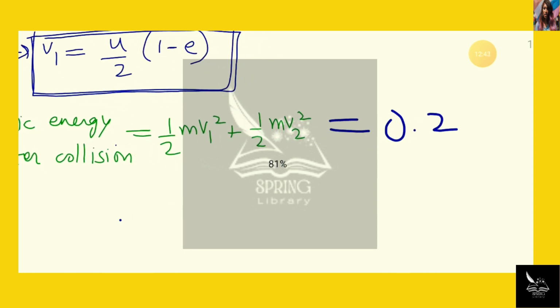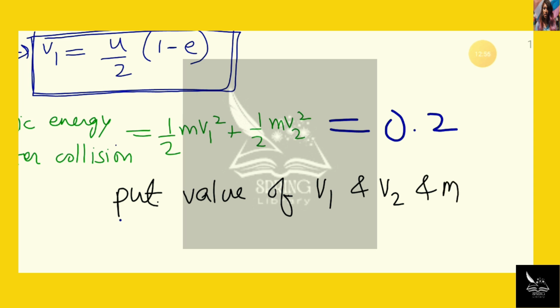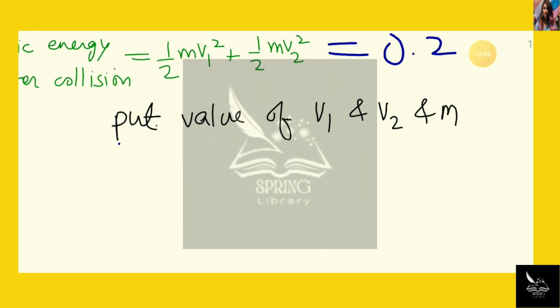Now next step is to put the values of v1, v2 and m, which is given in the question, and after putting these values I will get the equation u square will be equal to 8 divided by 1 plus e square.